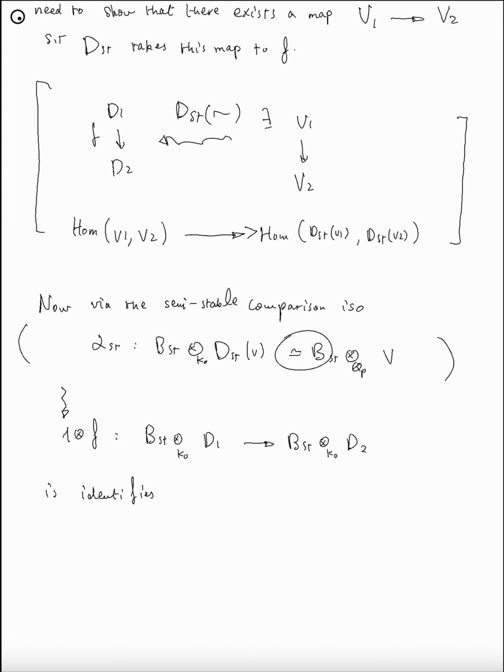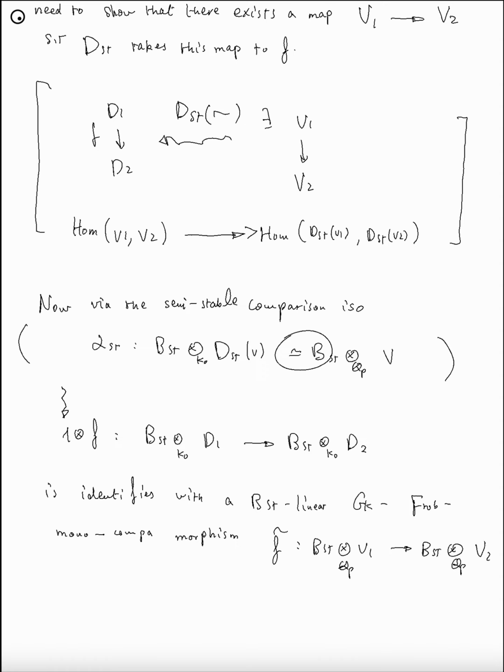is identified, because we have this isomorphism, with some B_st-linear, G_K-equivariant, Frobenius compatible, monodromy compatible morphism. Let's call it f tilde, from B_st tensor V_1 to B_st tensor V_2.